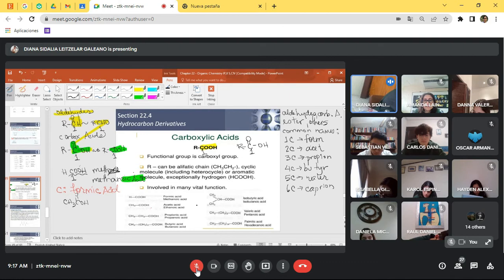If they ask you for common name, it's common name. So this is ethanoic acid. Este es el IUPAC. And if they ask for the common, a two-carbon compound will be acet. So it is acetic acid.